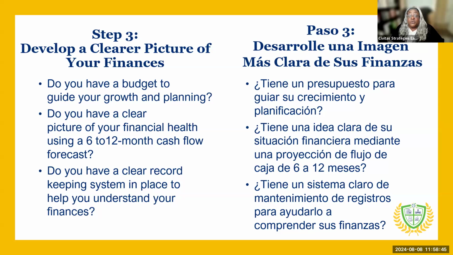Accordingly, if you do not have one already, ensure that you have a budget for your current year to guide your growth and planning. You should then build off of this information to ensure that you have a clear picture of your financial health by developing a cash flow forecast for the next 6 to 12 months.